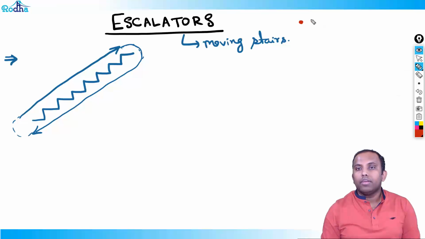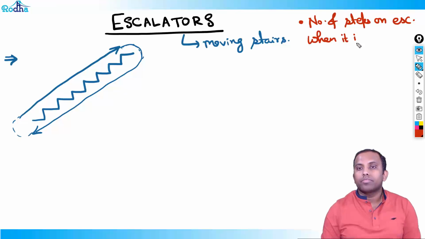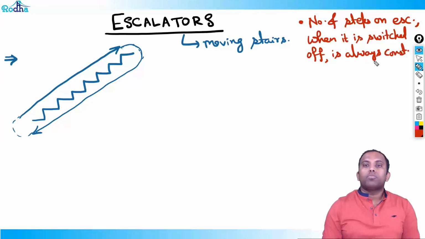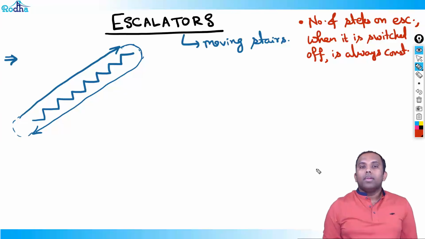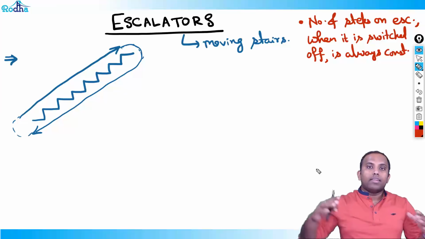First point again: the number of steps on an escalator when it is switched off is always constant. This is the USP of solving all problems, right?